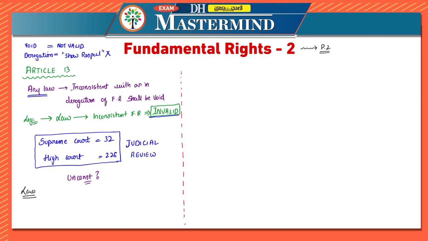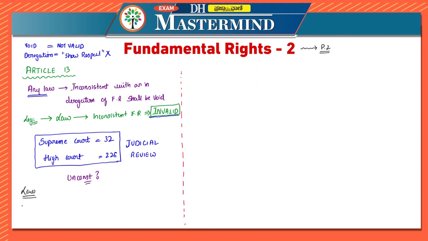So, this term law also is mentioned in Article 13, and similar to Article 12, in which they mentioned a wide range of sense for the term state, similarly in Article 13, the term law also has wide connotation.